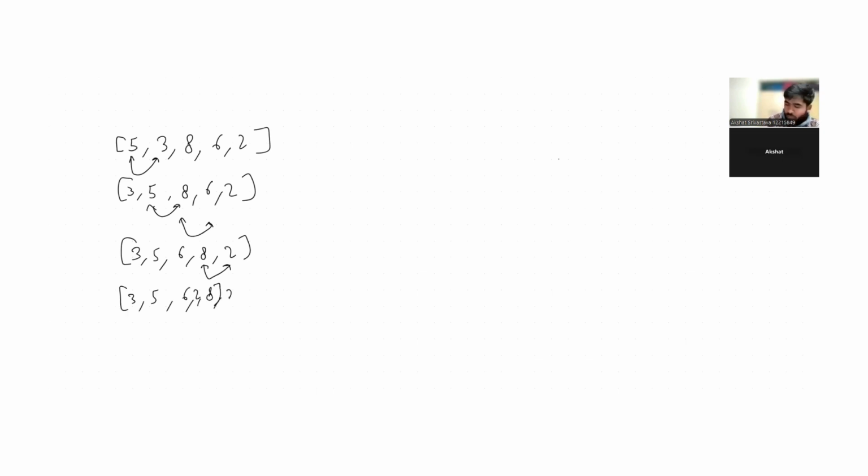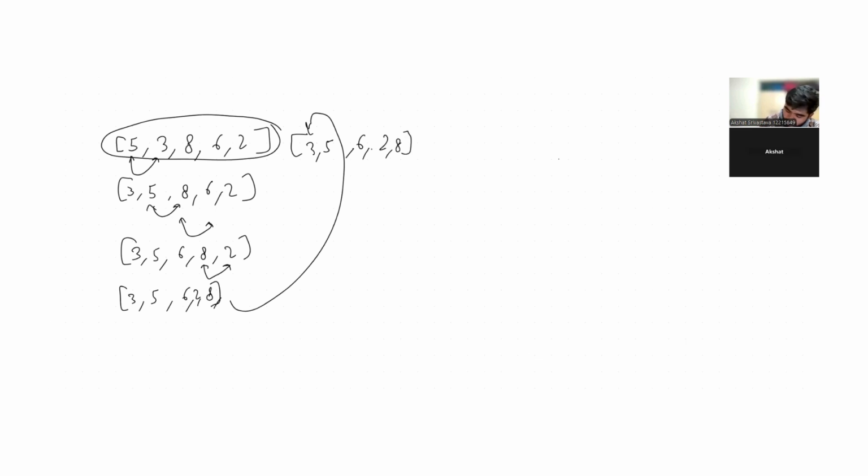So this is how our first loop iteration will go for the value of i equal to 1, which I will demonstrate later in this video with the proper code. This process will again continue, and now we will have 3, 5, 6, 2, and 8, and these steps will again follow.